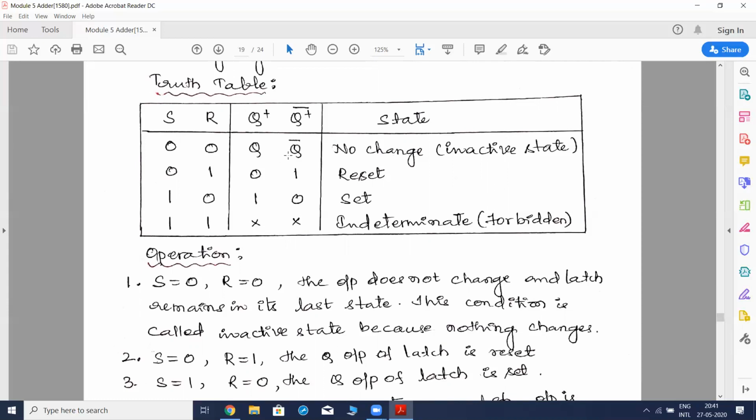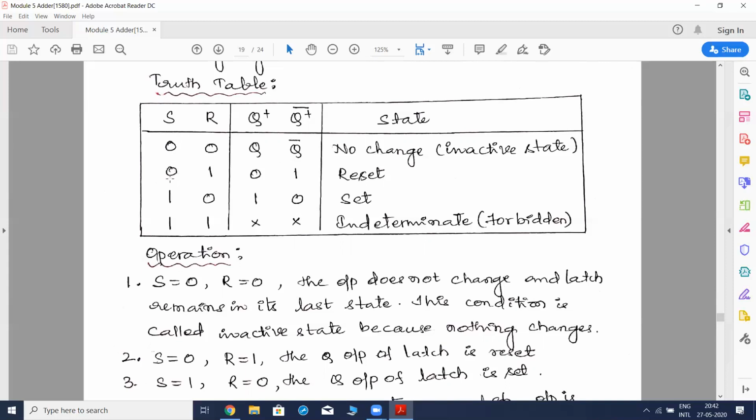I have shown it using two different diagrams over there. So when S and R both are equal to 0, the state of the latch is no change. If Q was 0, now also Q is 0. If Q was 1, now Q is 1. So that is how we are going to explain.